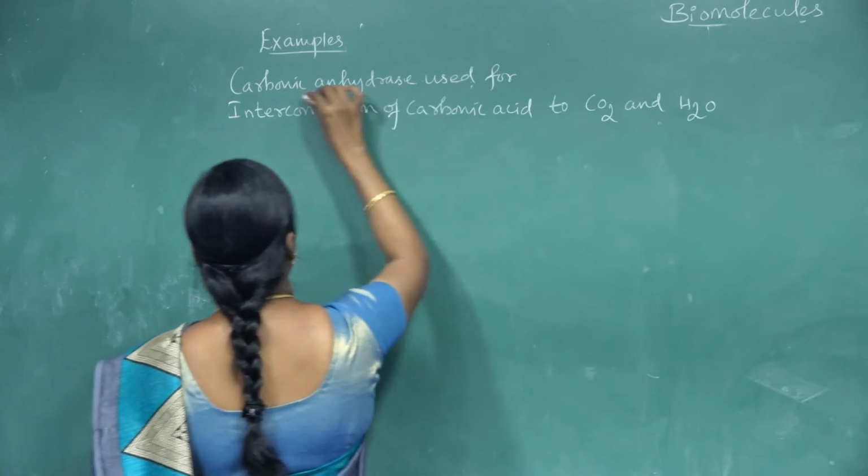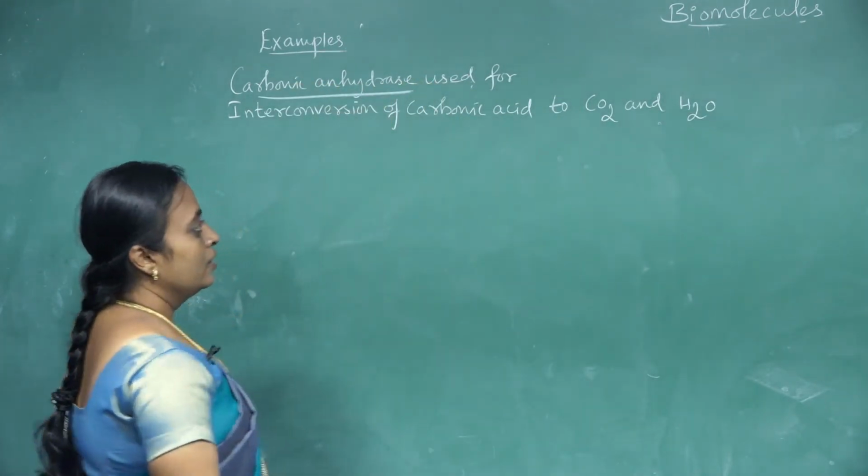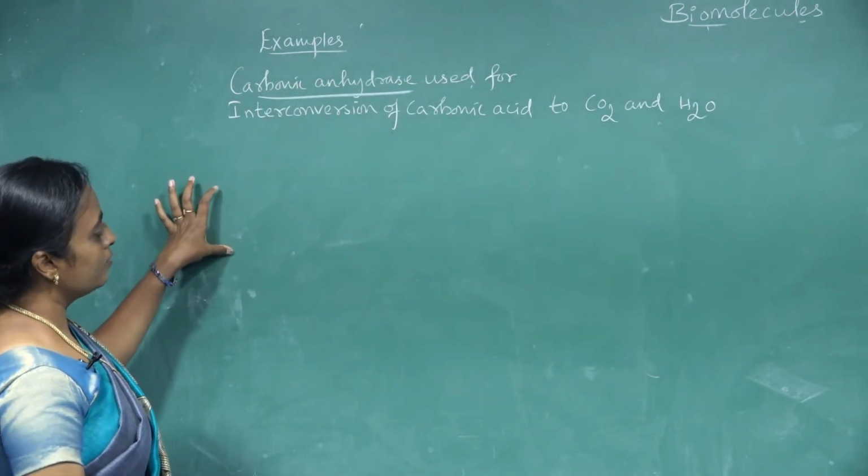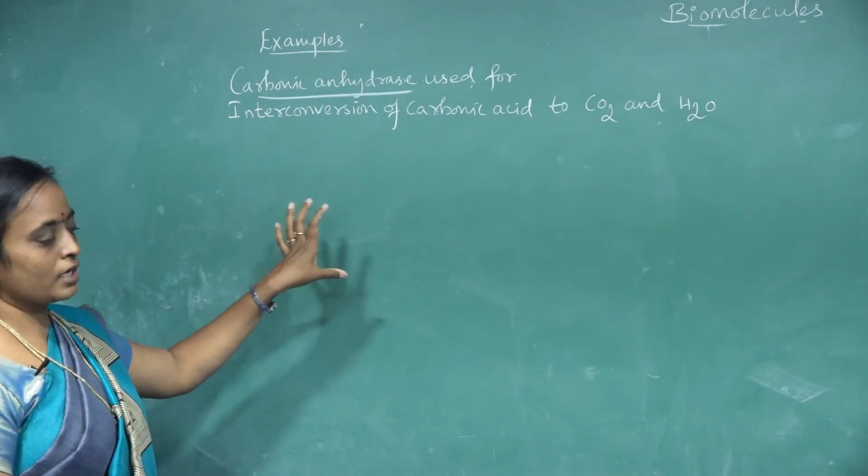So the enzyme carbonic anhydrase is used for the interconversion of carbonic acid to carbon dioxide and water.